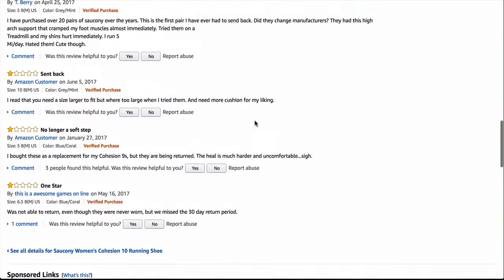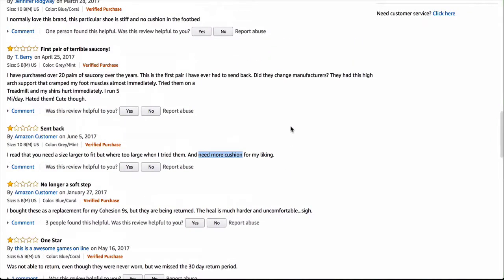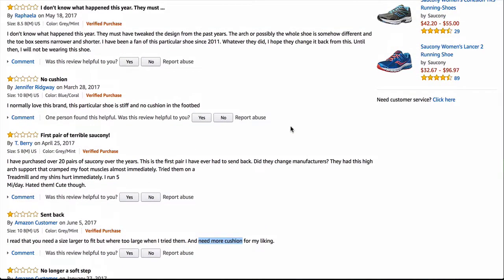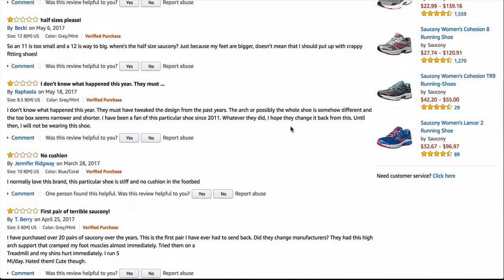Here's a fitting issue: I need a larger size to fit and need more cushion for my liking. So here's somebody saying there's not enough cushion in the shoe. You can see I'm just going through and finding different marketing angles that I could use when selling my shoe.